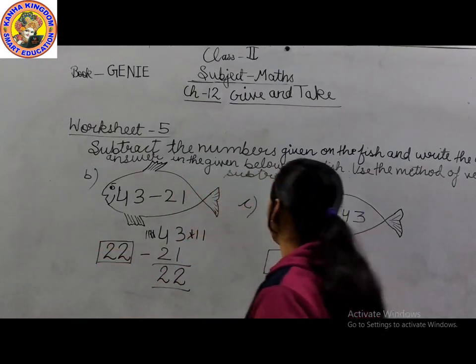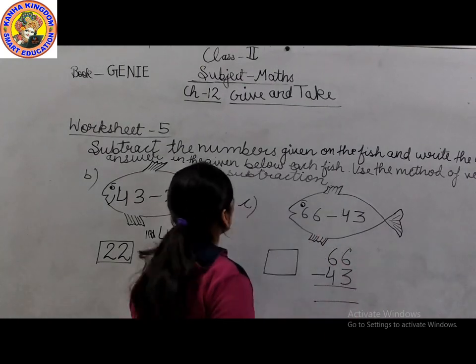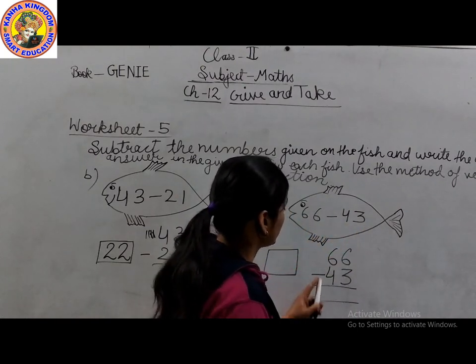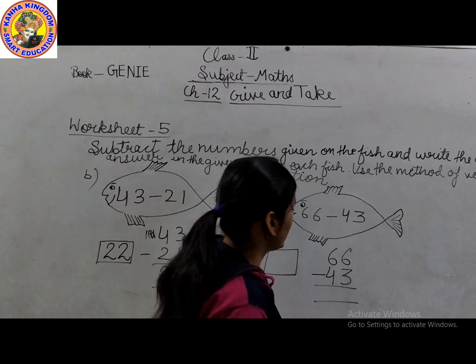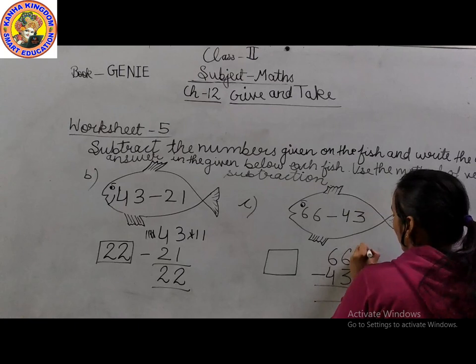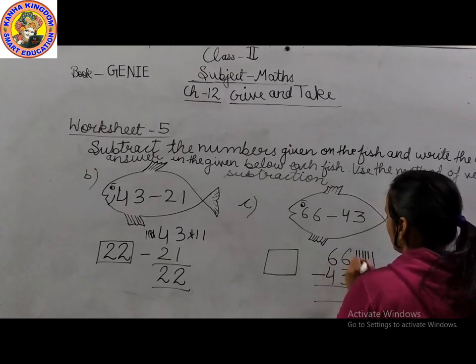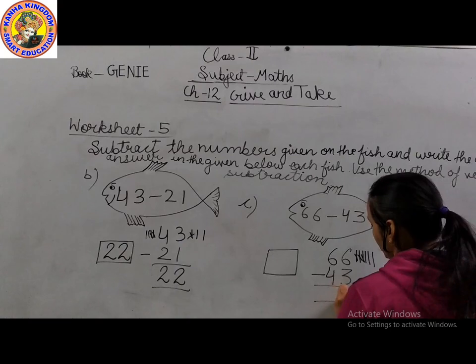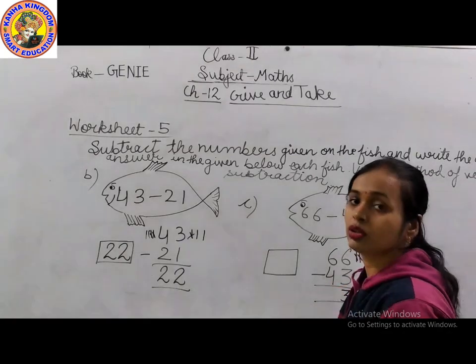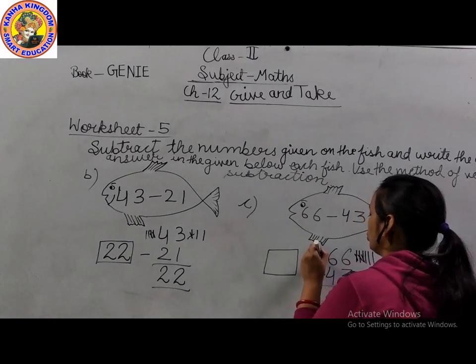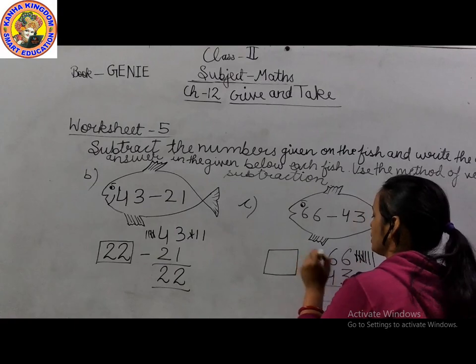Okay. Now next is 66 minus 43. Again 1, 2, 3, 4, 5, 6. So 6. From 6 we take away 3. So how many left? 1, 2, 3. So 6 minus 3 equals 3. Then 6 minus 4. 1, 2, 3, 4, 5, 6.